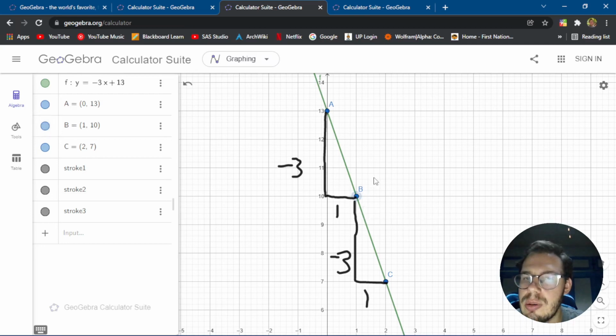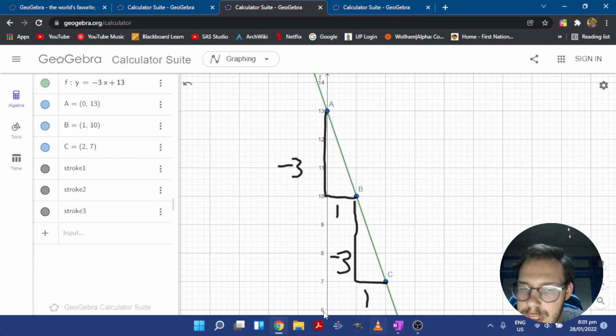Then to get our final point, because the change in y is negative and it's equal to minus 3, we go down 3 points and we go to the right 1 point, because the change in x is positive and is equal to 1. So there our c is 2, 7.